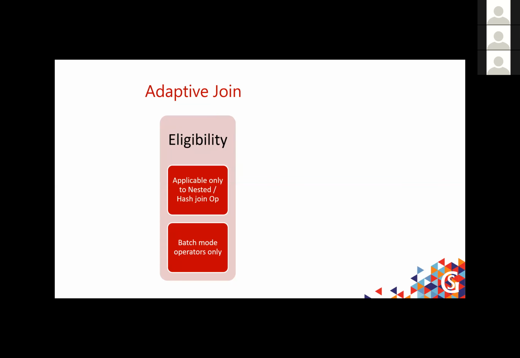Batch mode helps to process the rows in batches. That is typically applied when you have operators like columnstore operators, not restricted to it, but typically. So as of now, the adaptive join properties are supported only for batch mode operations. But I hear from the product team that it would be extended further to row mode operations as well.